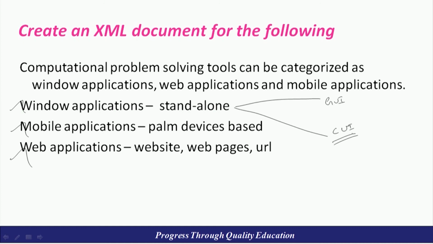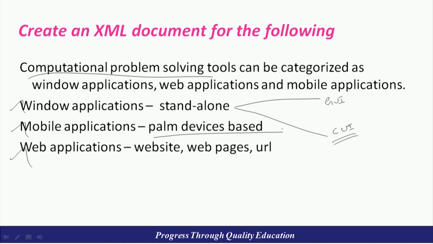It's a sample document. I have only given the context. For this context, we just have to create an XML document, and there is no restriction. I have added only three important topics I have explored for solving computational problems. Mobile applications: handheld devices come under mobile applications, like palm devices, mobile phone, pager, tab.